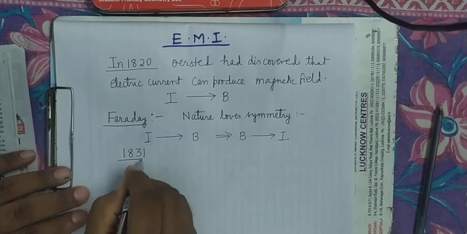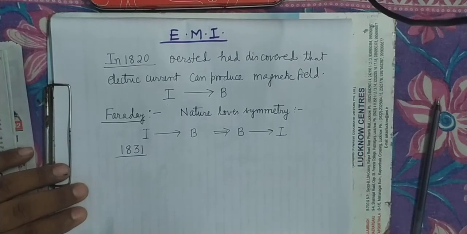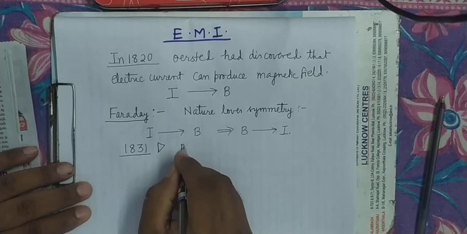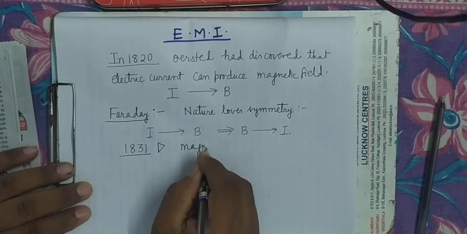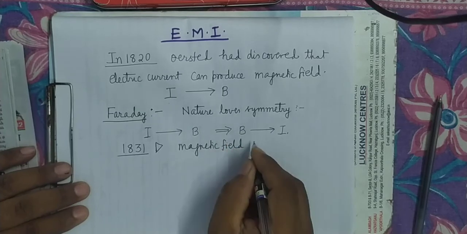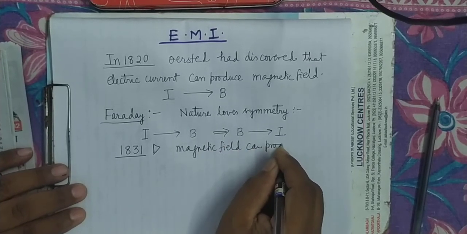In 1831, he discovered experimentally that a magnetic field can produce electric current.